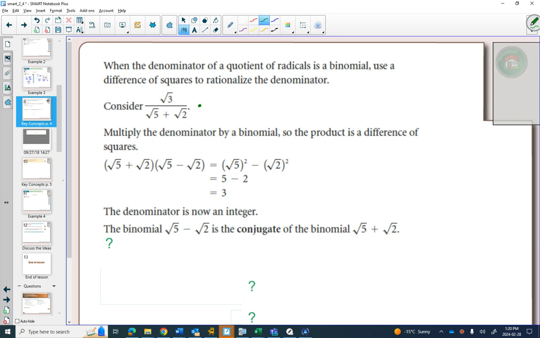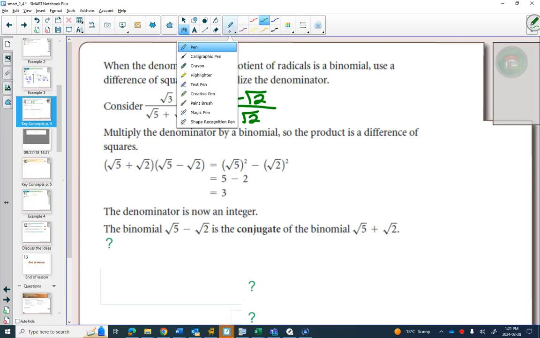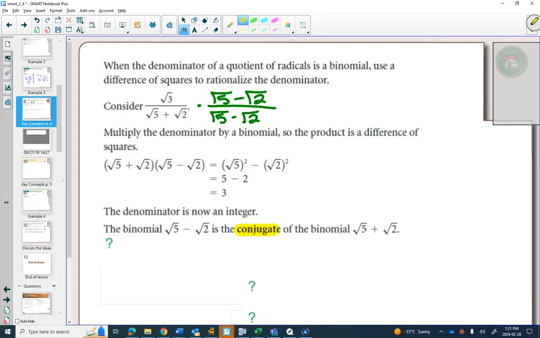So I want to rationalize this denominator. Again, we can only multiply by 1, but you're going to want to multiply by this number 1 so that all the square roots on the bottom would go away. And I introduced to you this definition already. We can highlight it again.